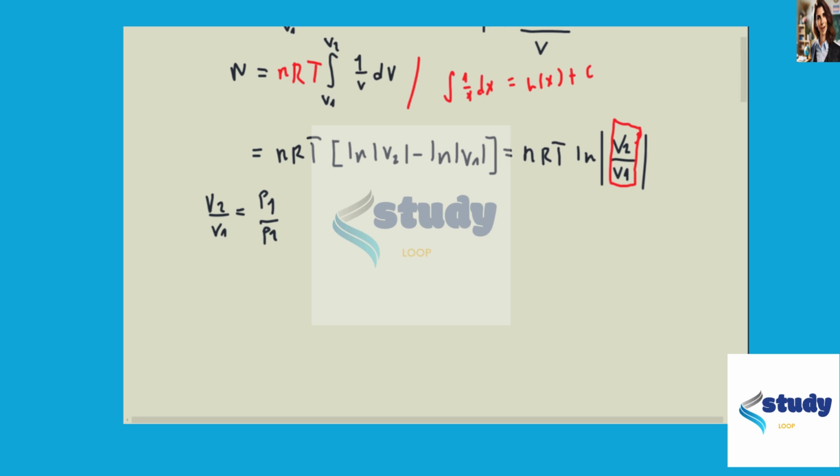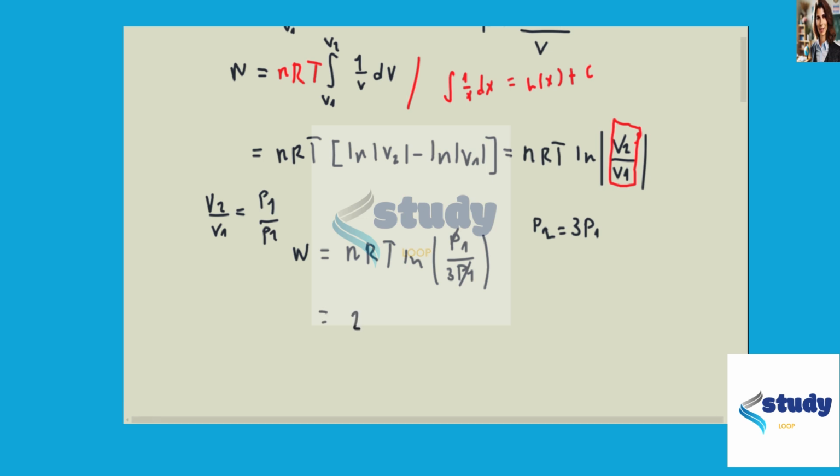So we can further say that the work done is equal to n times R times T natural logarithm of P1 over 3 times P1, because P2 is equal to 3 times P1. This is given in the problem, so this will cancel out, and we can simply substitute that.